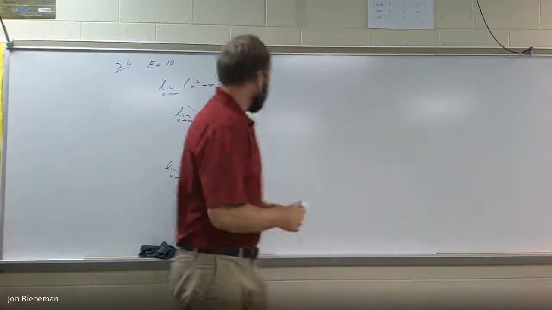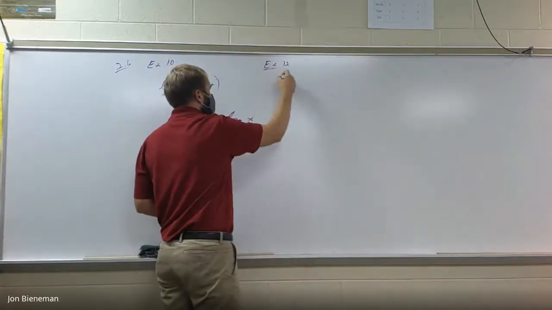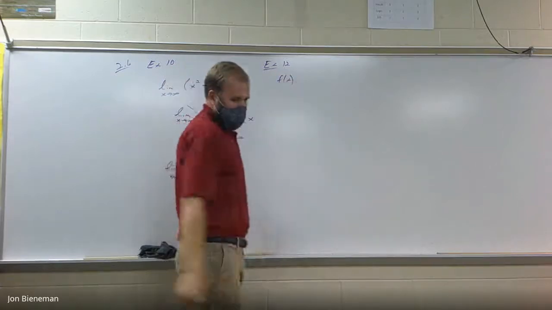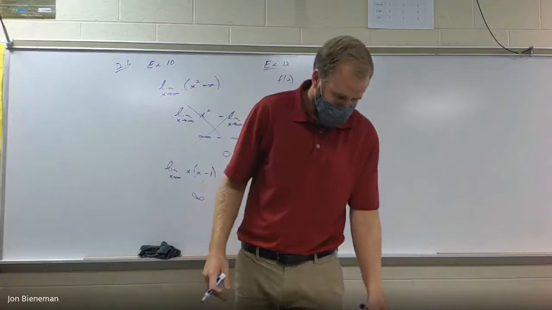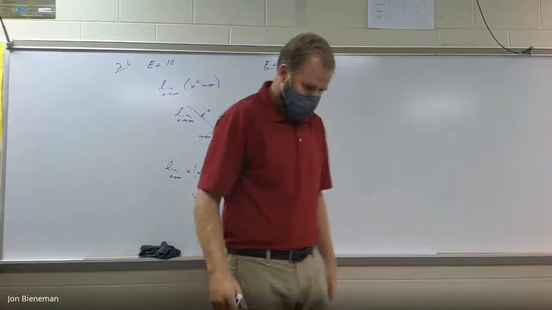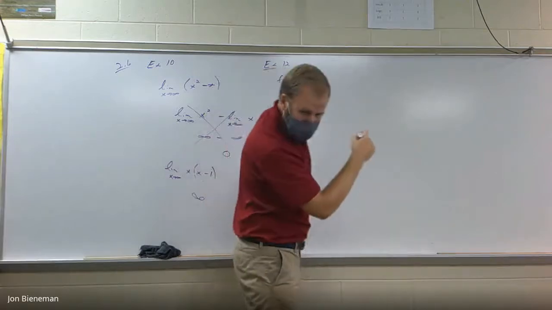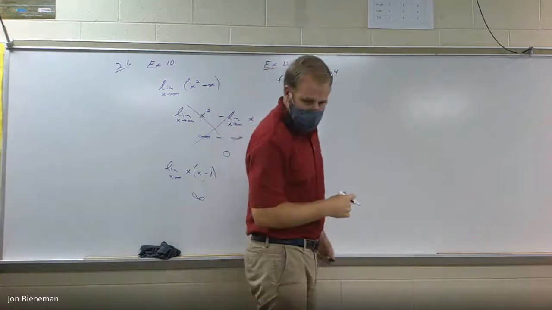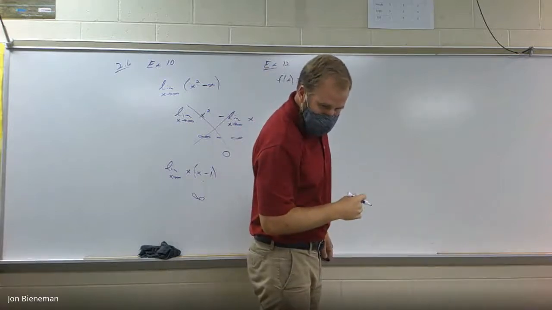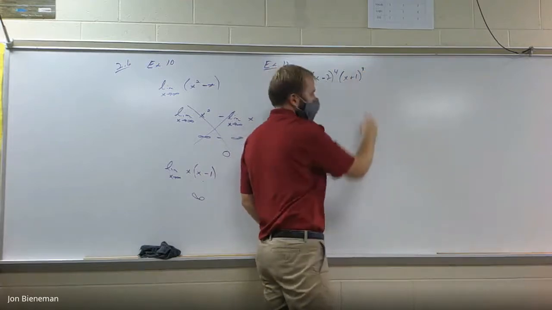The last example I want to talk about from 2.6 that we didn't get to yesterday was in the book, example 12. What they say there is sketch the graph, and we can cheat a little bit because the drawing's already there: x minus 2 to the 4th, x plus 1 cubed.